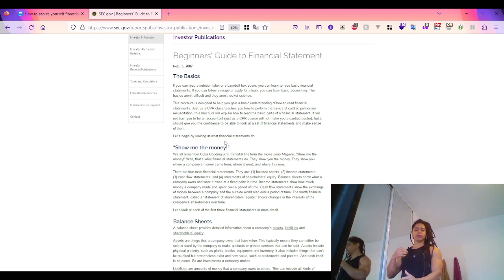Also, the amortization and depreciation. Once you deduct this, you reach the operating profit before interest and income taxes.